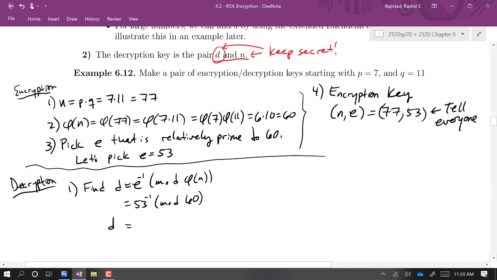I'm just going to tell you what it is, and then I'll show you how we find it using the extended Euclidean algorithm. These numbers are small enough that that little program would do a good job of finding that inverse, but I want to show you the technique, which I'll do on the next page. So the inverse of 53 is 17. And you can convince yourself of that. If you take 53 times 17 and reduce mod 60, you will get 1.